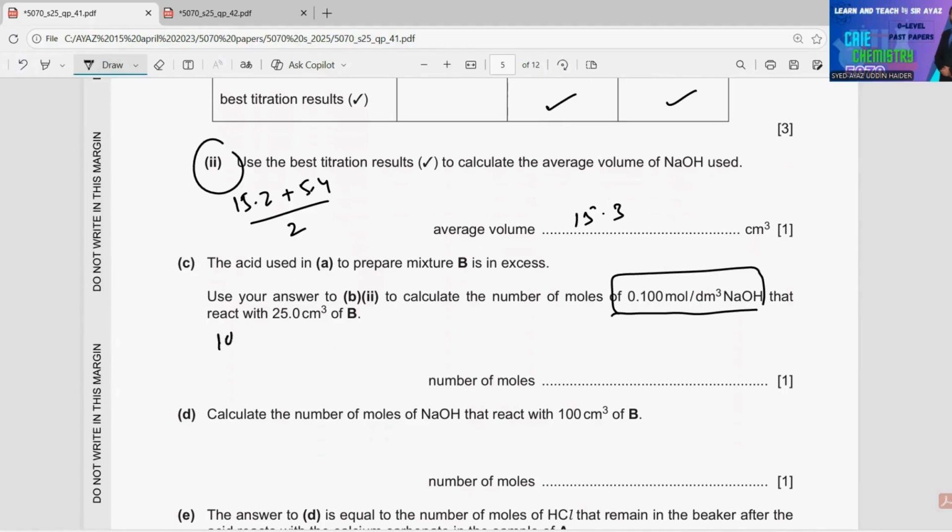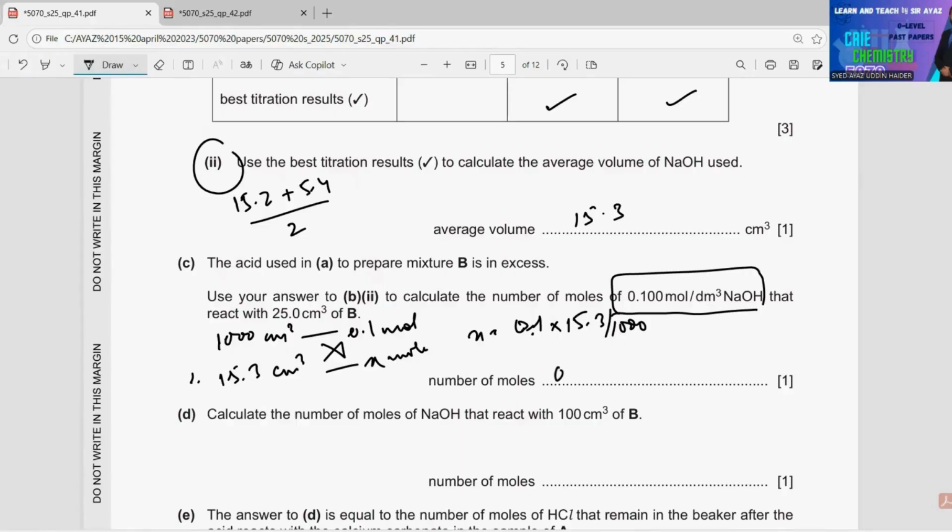So I'm going to write 1000 cm cube contains 0.1 mole. Therefore, 15.3 cm cube contains X moles. Cross multiplying, X is equal to 0.1 multiplied by 15.3 divided by 1000. And the answer must be 0.00153 moles.